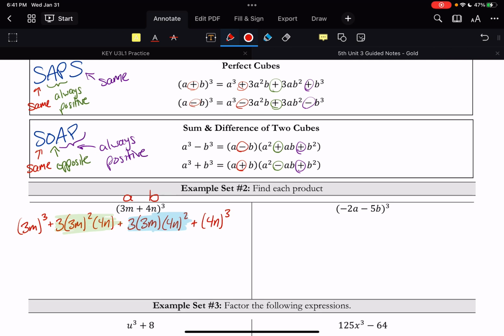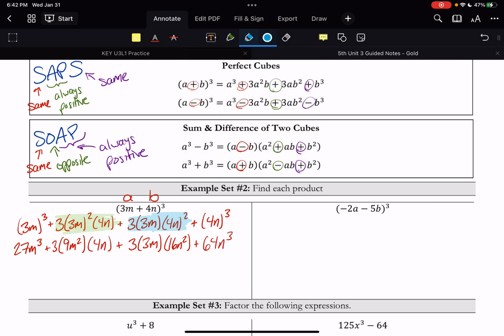So 3m quantity cubed is 27m cubed plus 3 times 3m squared is 9m squared times 4n plus 3 times 3m 4n squared is 16n squared plus 4n cubed is going to give me 64n cubed.